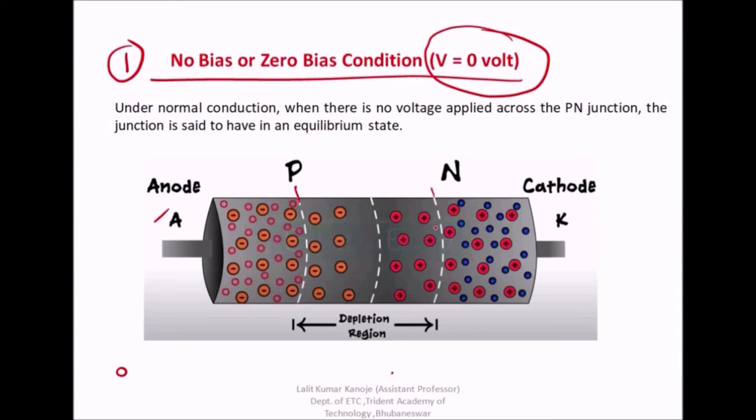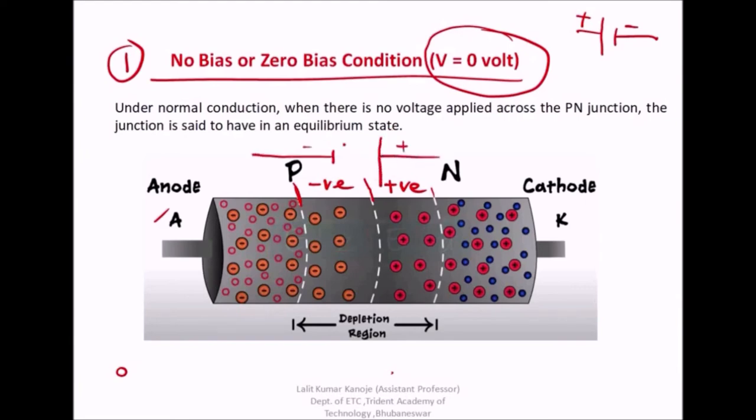When I do not connect any battery, note that every battery has a positive terminal and a negative terminal. You can see here, this region has negative charge, and this region has positive charge. So this will behave like a battery. This is negative, this is positive.